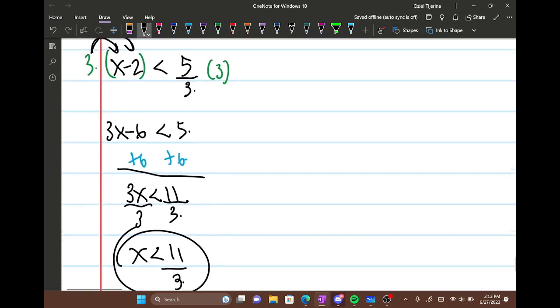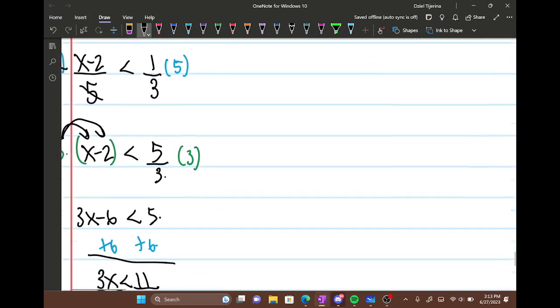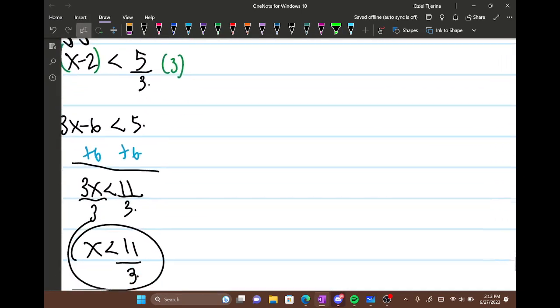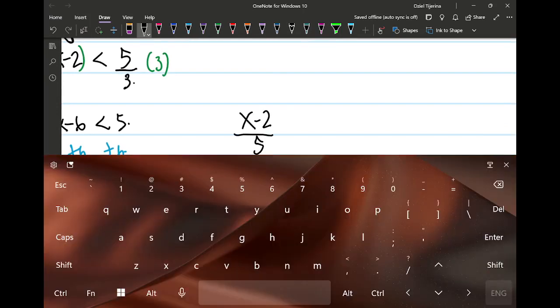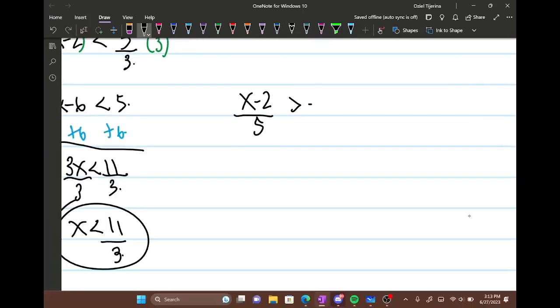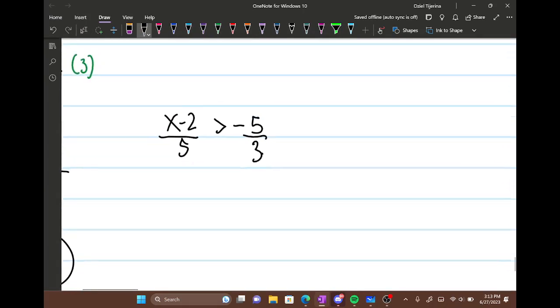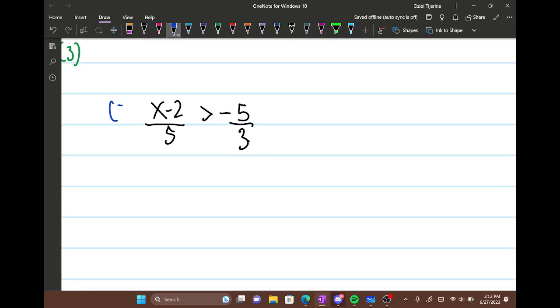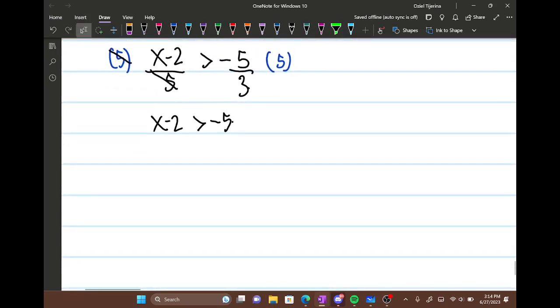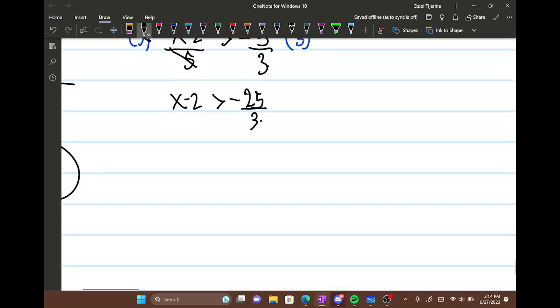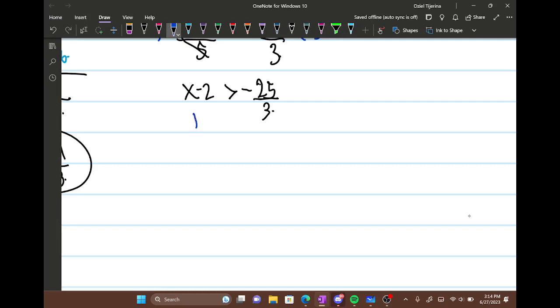So that is one of my answers. The other one we were going to do was x minus 2 over 5 is greater than -5/3. Again, we're going to do the same thing, times 5. This cancels out, and x minus 2 is greater than -25 over 3. Excuse me. You can add 2 to both sides here.